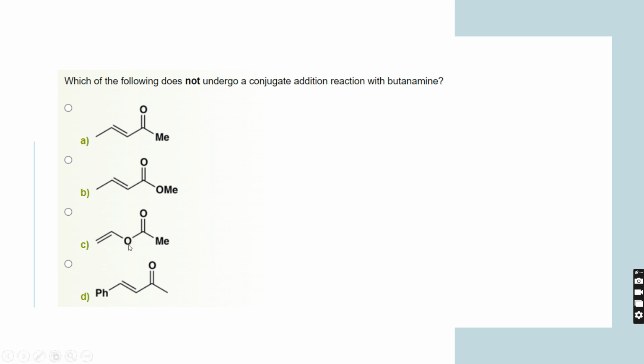And this particular oxygen atom can push its electron pairs not only towards the carbonyl but also towards the carbon carbon double bond. This oxygen can push its electron pairs towards both sides, thereby making this carbon carbon double bond highly electron rich.